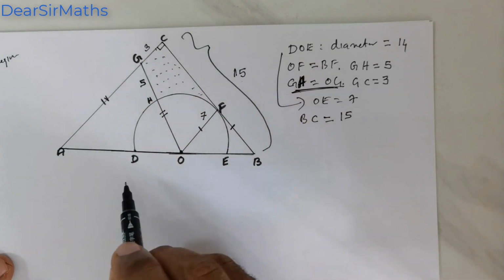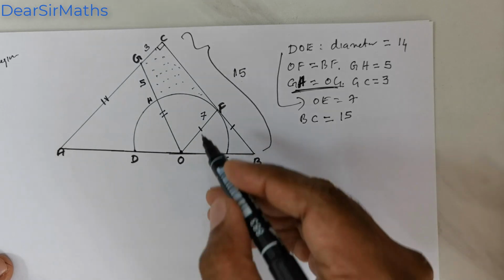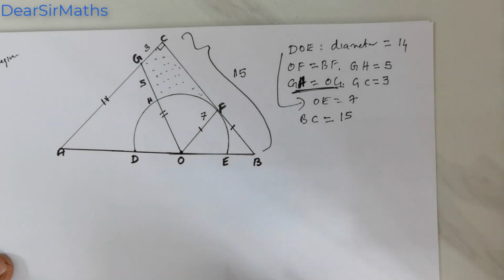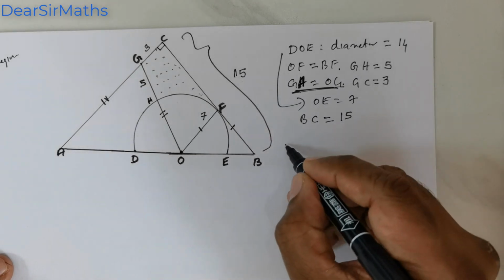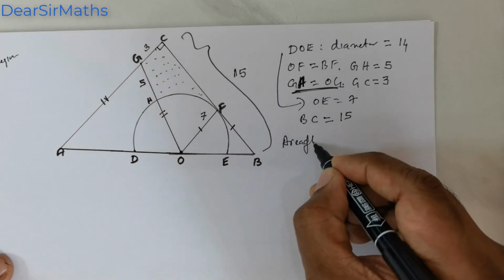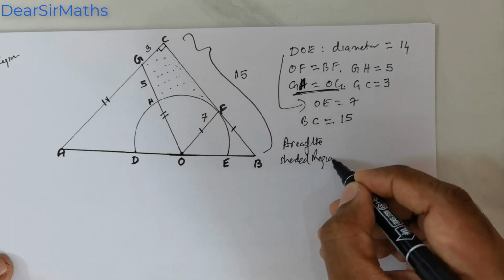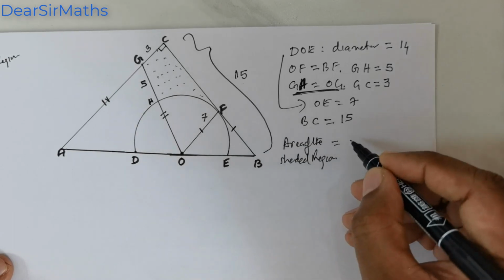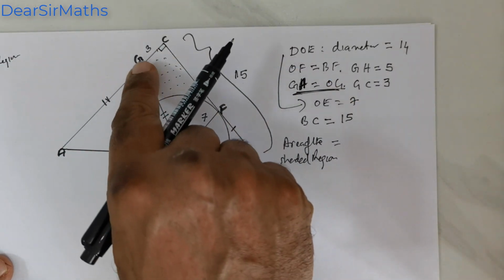Now we see that there is a semicircle and we have the diameter of the semicircle. So I have extracted the radius, and to get the area of the shaded region, area of the shaded region is equal to, now you have a quadrilateral here, right?